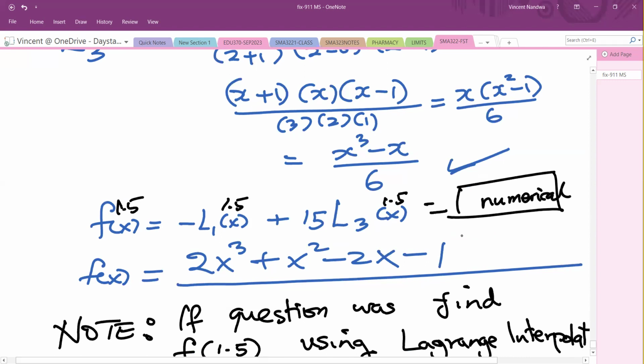So when the problem asks you for the polynomial is when you'll be working with the general x. But when the problem is to get the value of the function at a certain value of x, then when you're writing your formula, you replace the general x by that value you are interested in. I hope I'm clear on that.